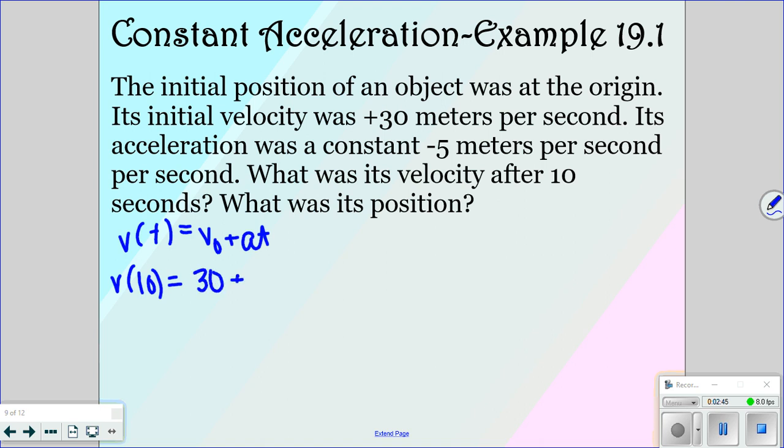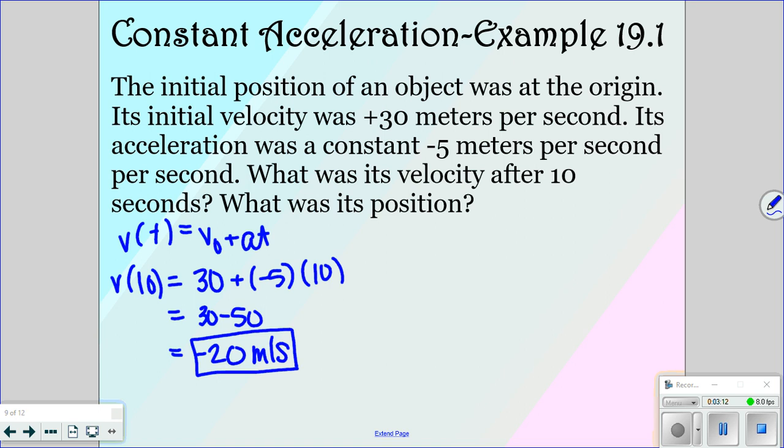Our acceleration was -5, and it says after 10 seconds. So 30 minus 50 is -20. And we only have one sig fig in our problem, so we only have one sig fig here.